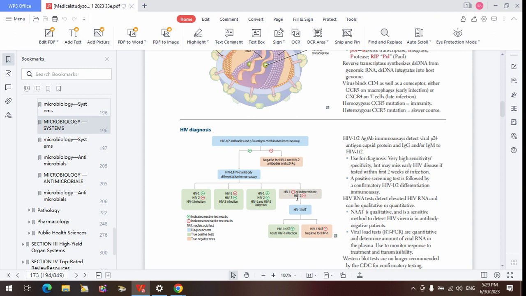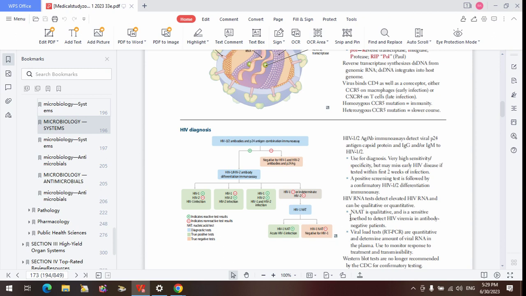So this nucleic acid test is just trying to evaluate the genome of the HIV. That one is always present. From the point of infection, the genome is there. That one is a basic test. So it will always pick it once it's there. So there are two forms of that nucleic acid test. You can do a nucleic acid amplification test, which is a qualitative test, or you can do a reverse transcription PCR test.